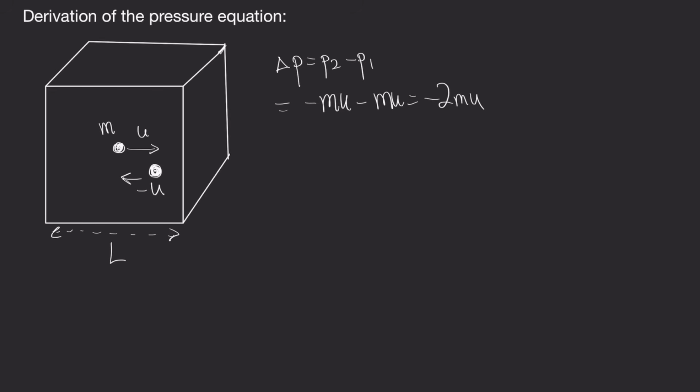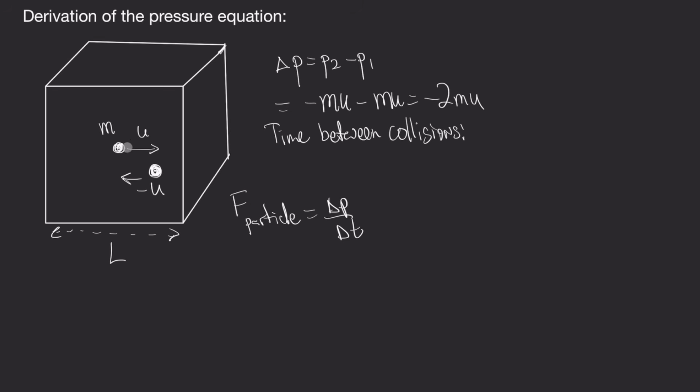Now, what we ultimately want to do is work out the force on the actual particle, which is delta p over delta t. For that, we're going to need some sort of an estimate for delta t. The time between collisions provides us with just that.